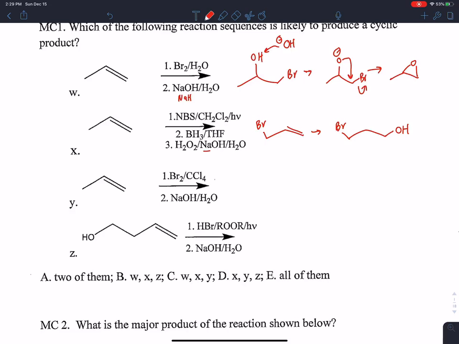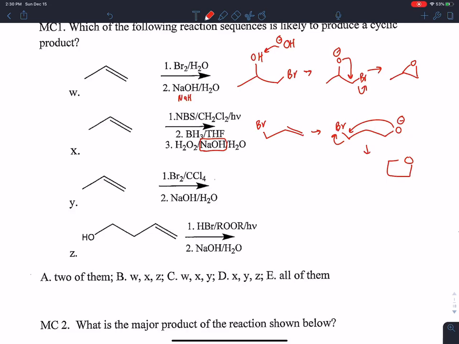But notice that I have NaOH here, so the NaOH is actually taking the H off again, just like we did before, and in this case you get the O minus, which is going to again attack here, and the bromine leaves. So this time we end up making a 1, 2, 3, 4, a 4-atom ring like that. So that's one of those weird ones. X also makes it then.